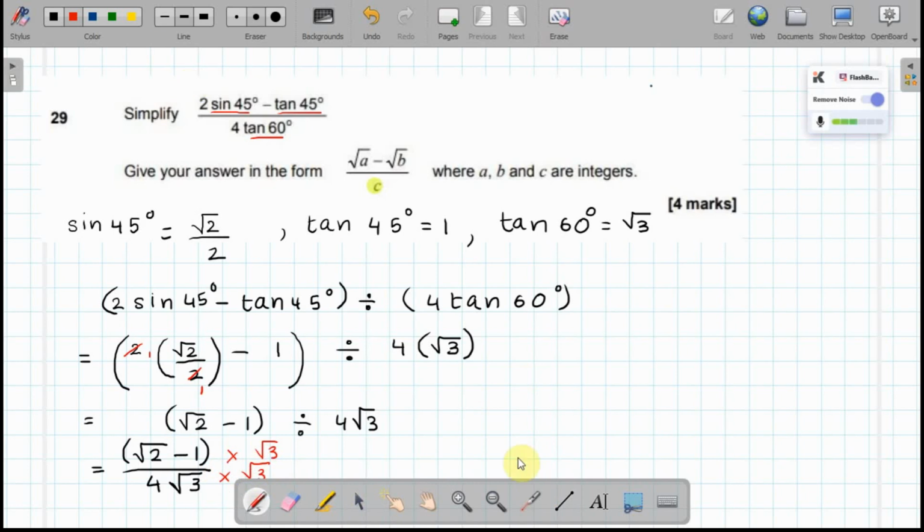Run out of space, so I'm going to split my page and carry on the right. So this will give me root 6. Root 2 times root 3 is root 6. Minus 1 times root 3 is minus root 3.